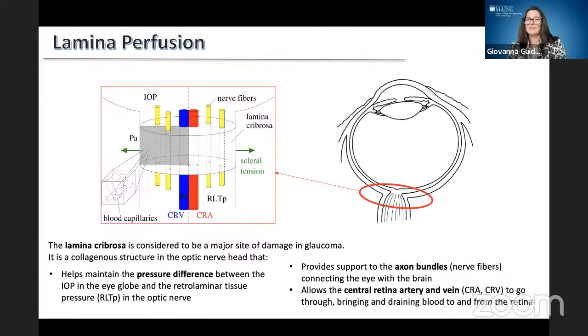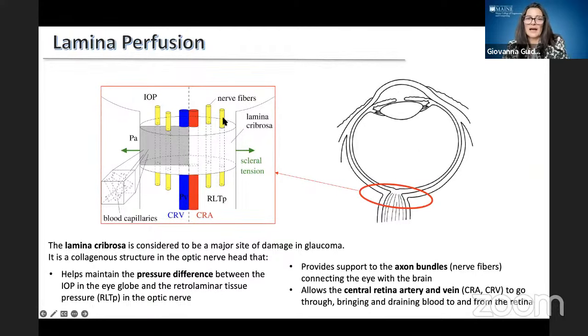So the lamina cribrosa is a tissue that is here at the back of the eye. It is kind of the plug of the optic nerve into the eye. And it is a collagenous structure that has several functions. So it helps maintain the pressure difference between the pressure inside the eye and the pressure in the optic nerve.